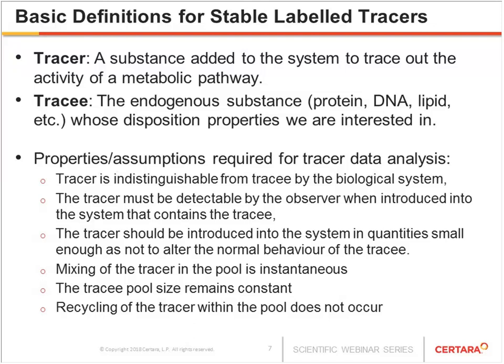Also, the tracer must be detectable and distinguishable by the observer, so we must be able to label it in some fashion so as to distinguish it from the tracee, and that's where the C13 labeling, which is often used, comes into application. Then the tracer should also be introduced into the system in quantities that are small enough so as not to result in perturbations of the system that we're trying to measure. So, for example, we know that if we administer large amounts of amino acids, we can then interfere with the rates of synthesis of muscle mass.